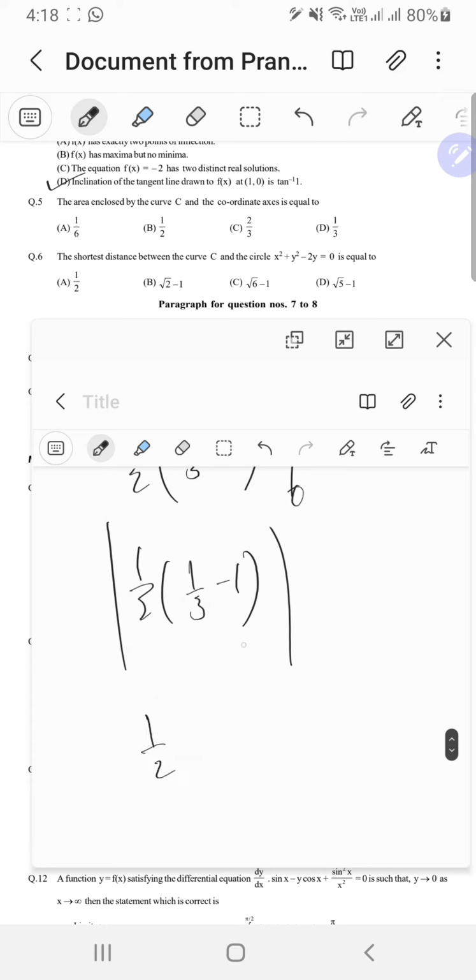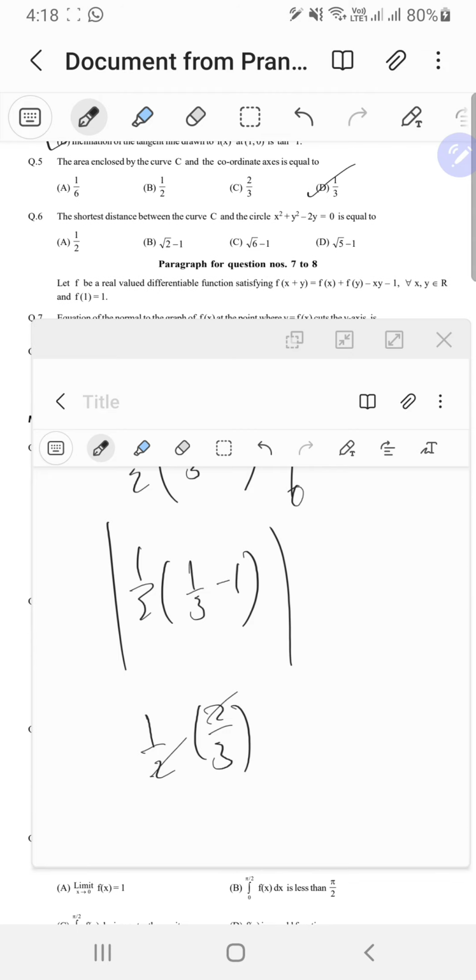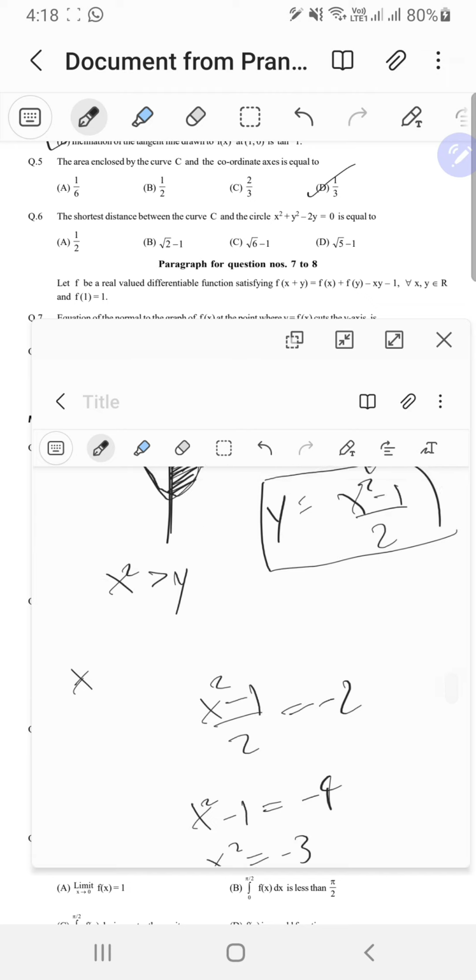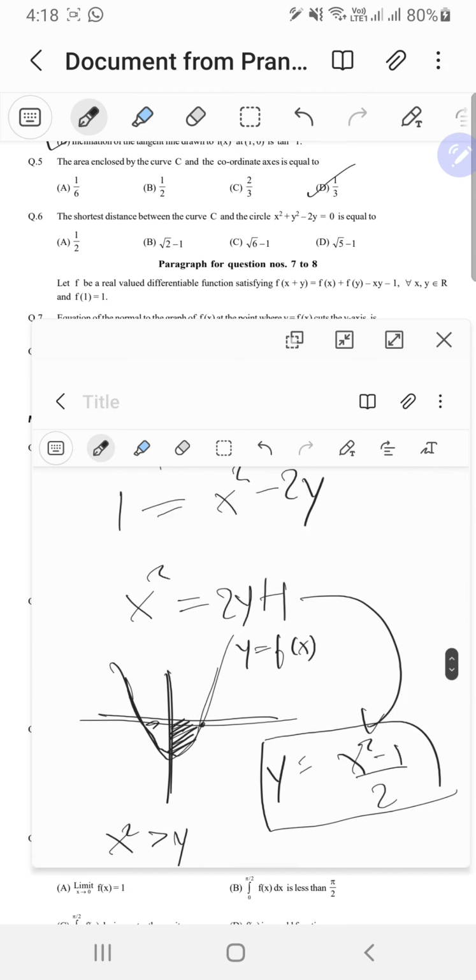So half of 1 minus 1 by 3, so it's like 2 by 3. So it's 1 by 3. I guess so. I mean, why didn't they take this area and all other things, like, yeah, whatever.